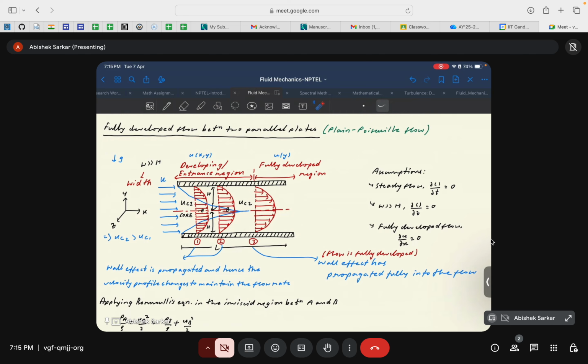For now you can just consider that the velocity increases as we move further into the developing region, from point A to point B, because of the effects of the wall and the inherent acceleration in the flow generated to maintain the same flow rate because of the effects of the boundary layer.